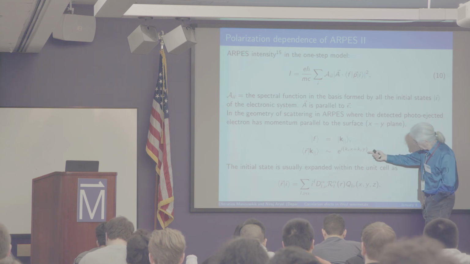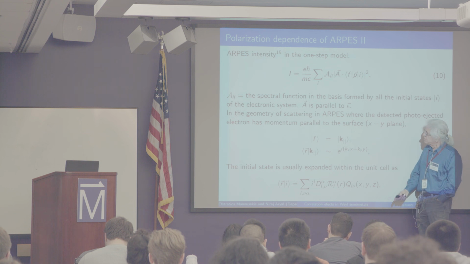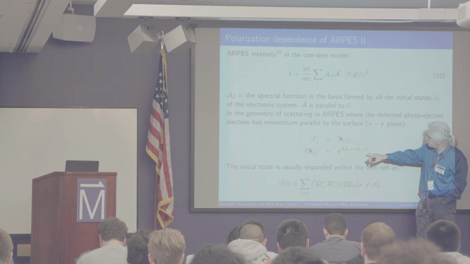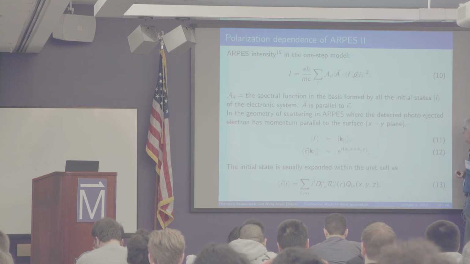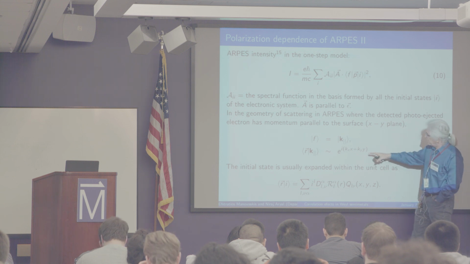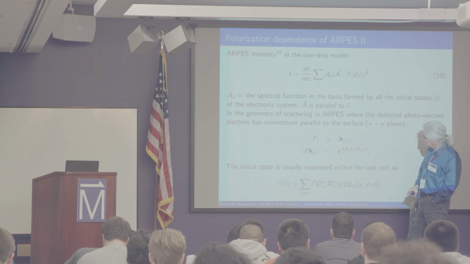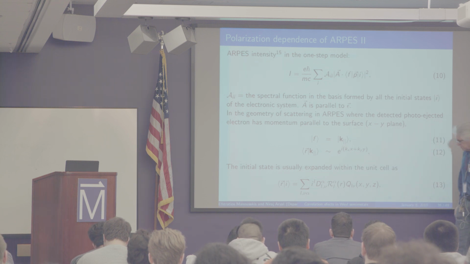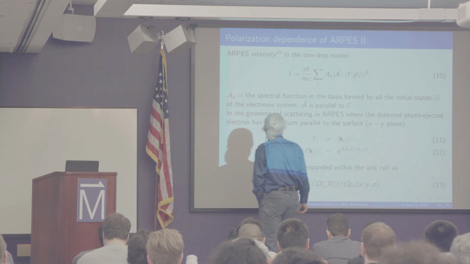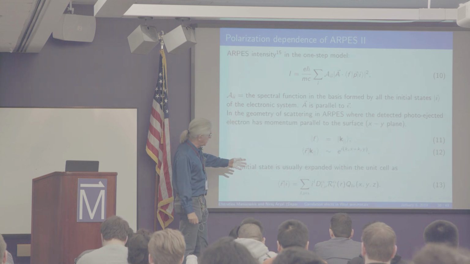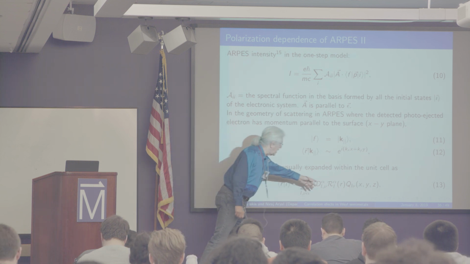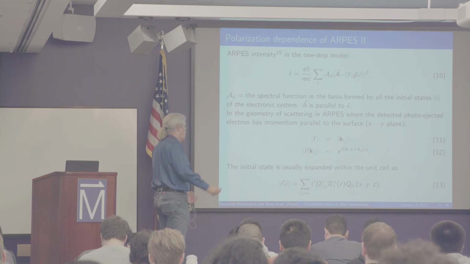The outgoing photo-ejected electron, in typical ARPES scattering geometry, is parallel to the surface, in this case the xy plane, and therefore it's a plane wave. This electron that is detected by ARPES has only kx and ky momentum. This is well known. Now, take the initial state, the Bloch state from the crystal where the electron is coming from on its way to your detector, and expand it into some local basis.